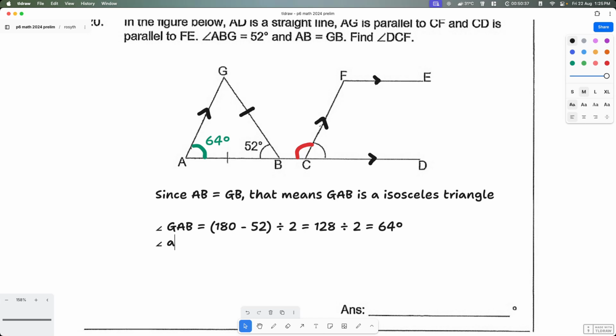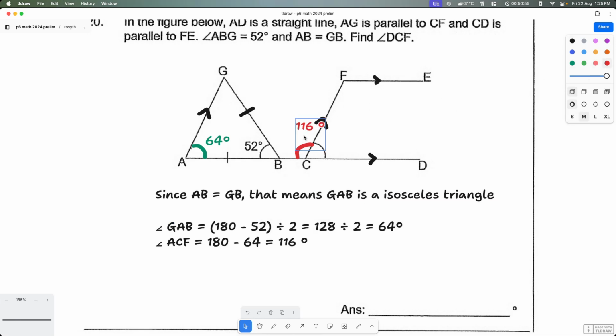Angle ACF is equal to 180 minus 64, and this will become 116 degrees, which is here.